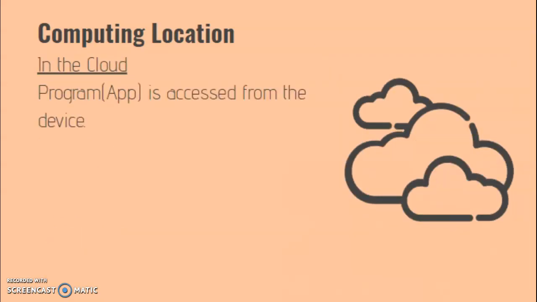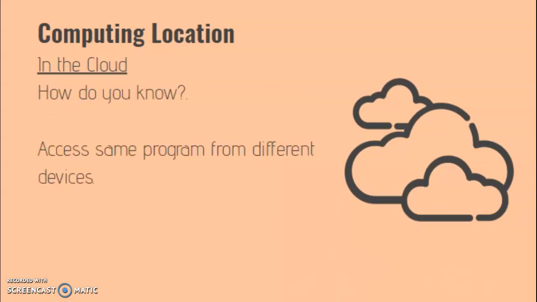So if you don't have it on the device, your next option is to be in the cloud. The program or the app is accessed from the device up in the cloud, but all the information is happening up in the cloud. How do you know? You can access the same program from a bunch of different devices. So let's go through here.